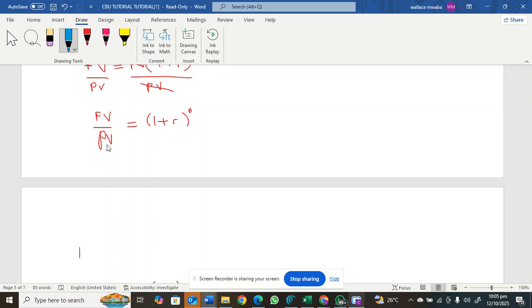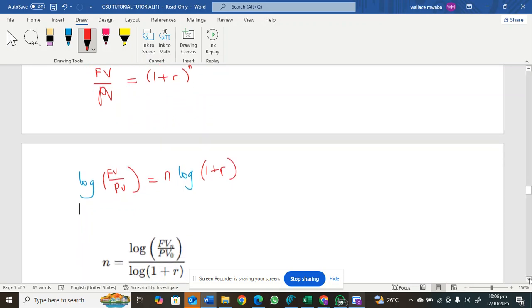So we'll have log of future value over present value equals n, so the n comes down, then you have the log of 1 plus r. Now we want to make n the subject of the formula.